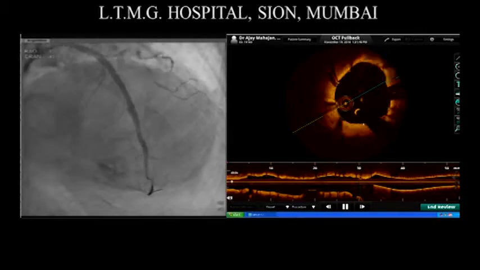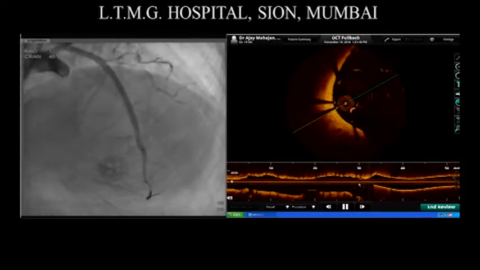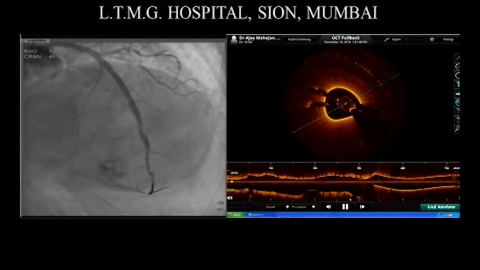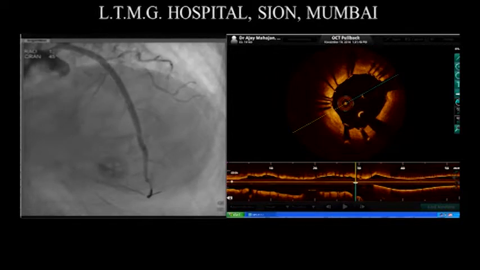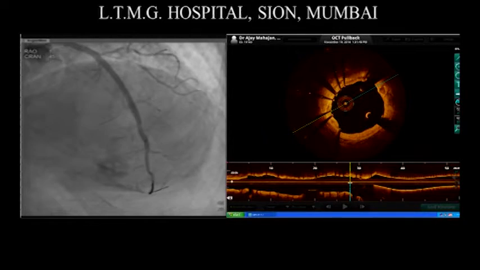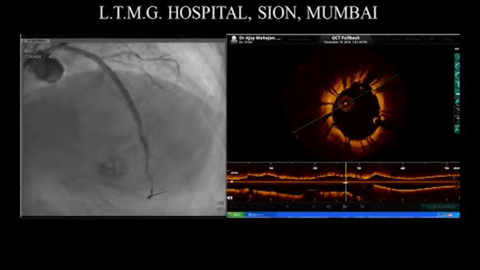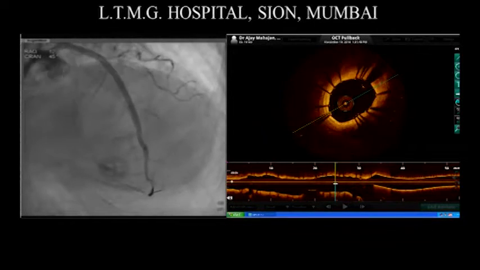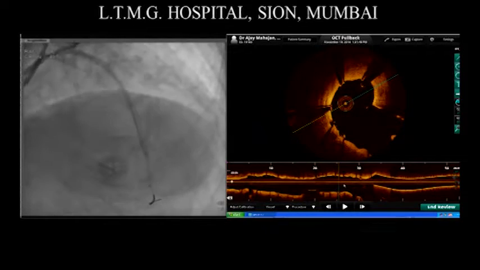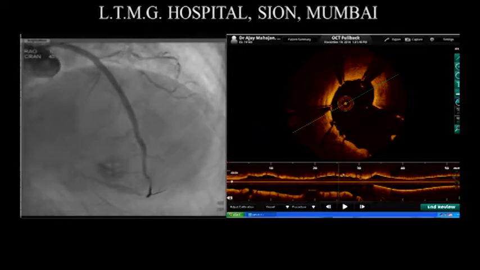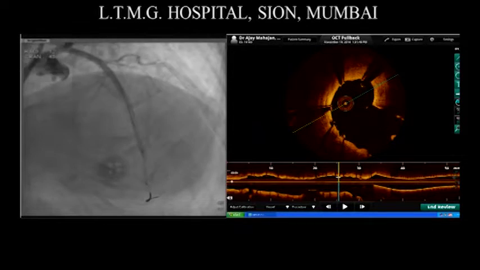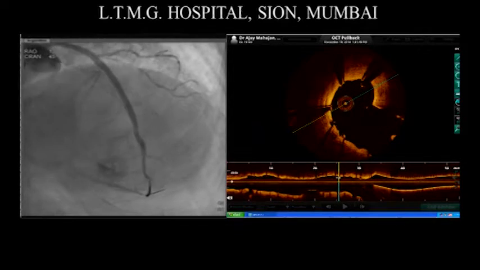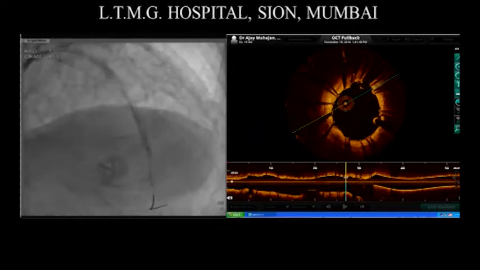This is the left main. You can see the left main. This is circumflex, and this is the left main. This circumflex ostium, and come proximal. Show the left main. This is the left main.